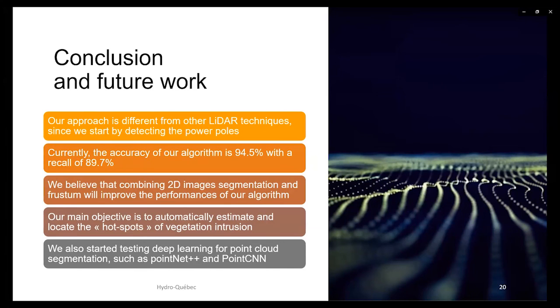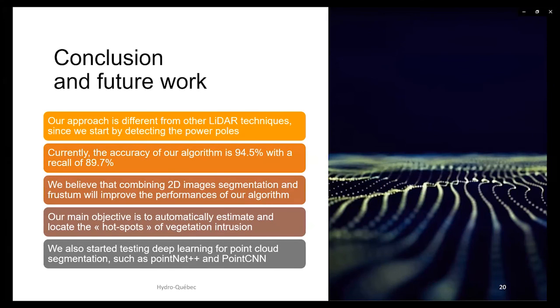It's work in progress, and still our main objective is to automatically estimate and locate the hotspots of vegetation intrusion. Now we are able to adequately detect the power lines. The next step is also to automatically evaluate the hotspots.